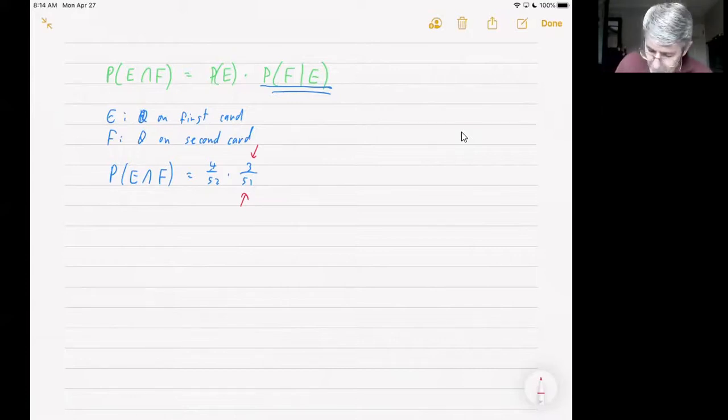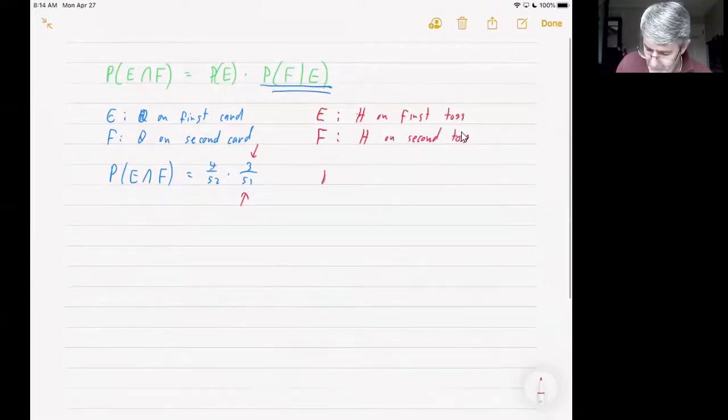second one. But if we turn this around and say E is a heads on the first toss, and F is a heads on the second toss, we know that the probability of E intersecting F, we have a 1 in 2 chance, but it's kind of like replacing the queen back in the deck.